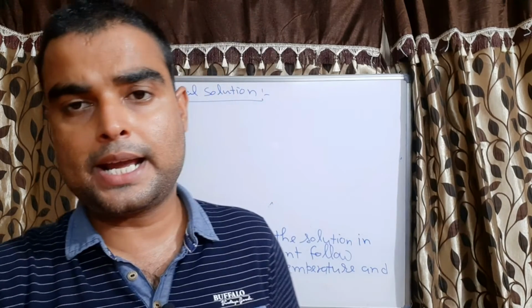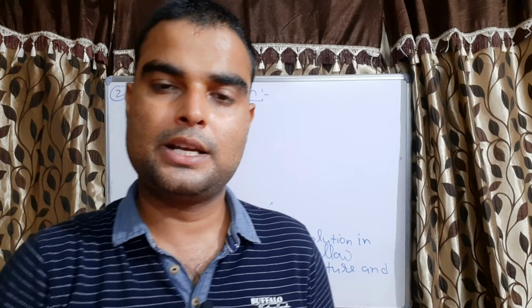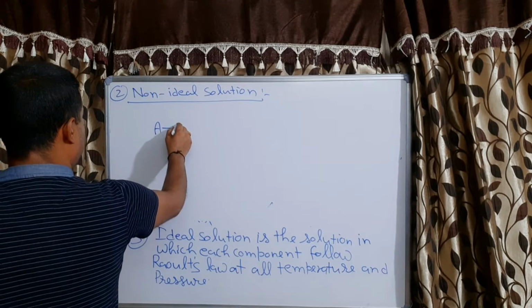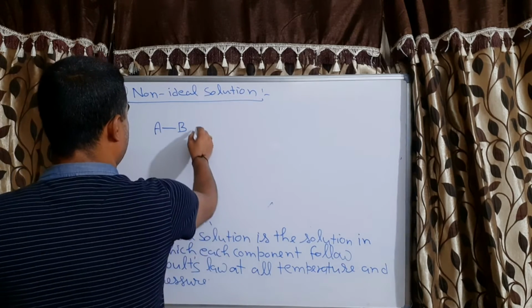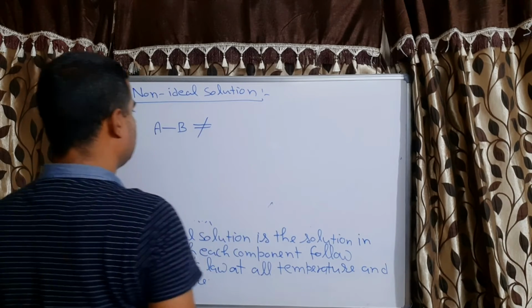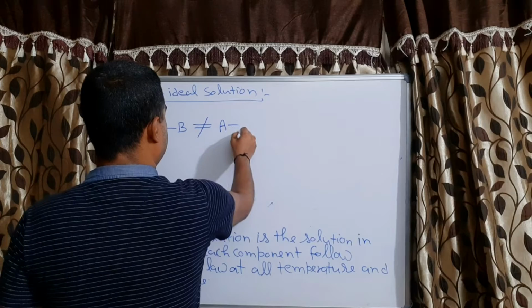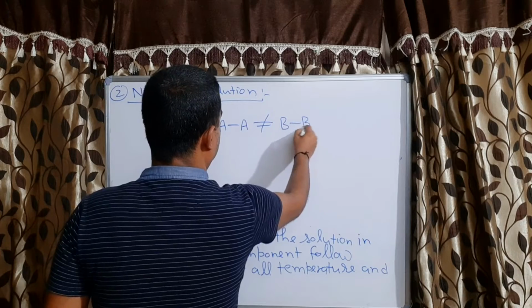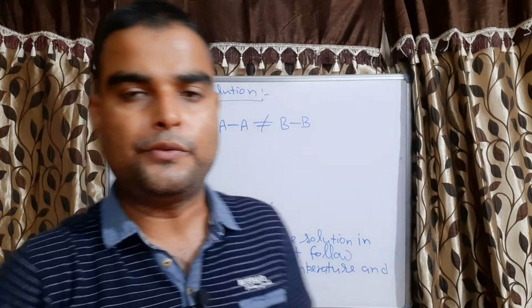The first definition: a non-ideal solution of components A and B is the solution in which the intermolecular interactions between components A and B are of different magnitude than those between pure components. It means the interaction between A and B is different from AA or BB. This is the first definition.